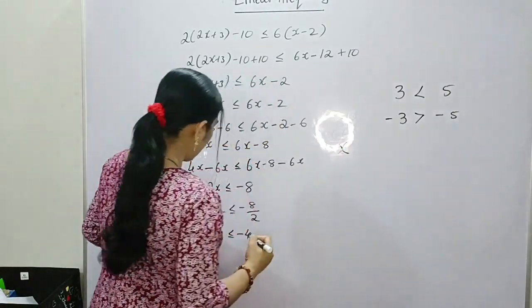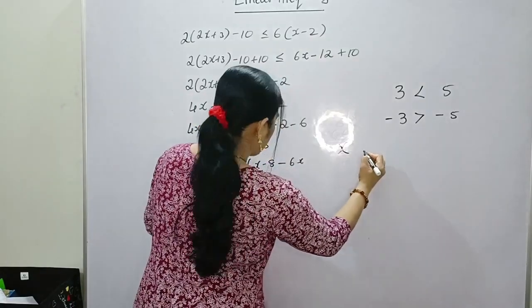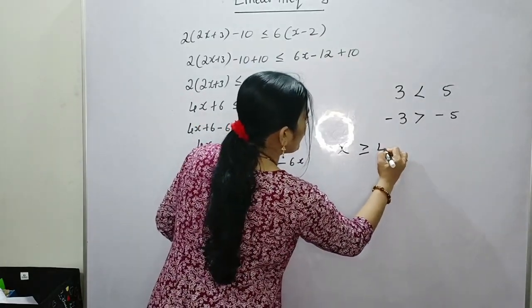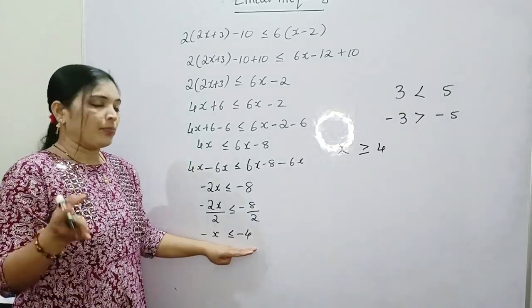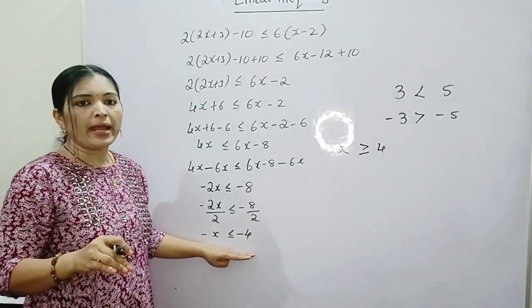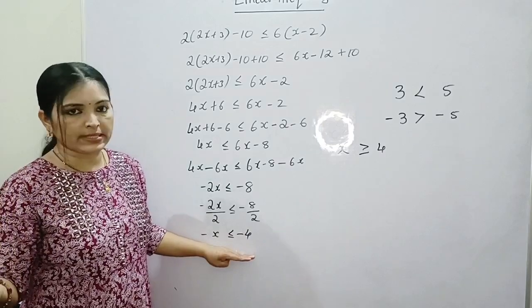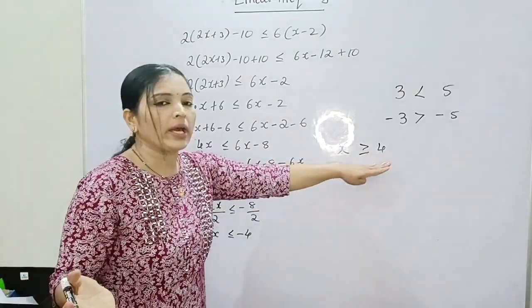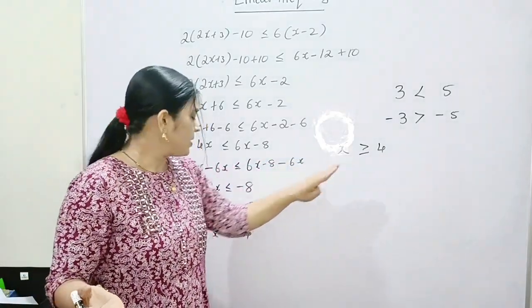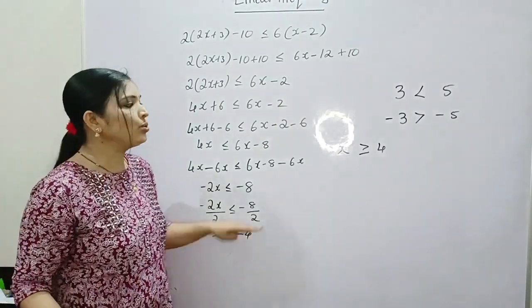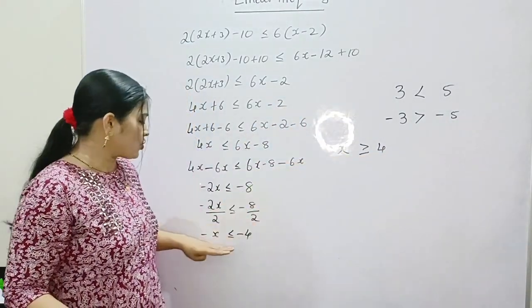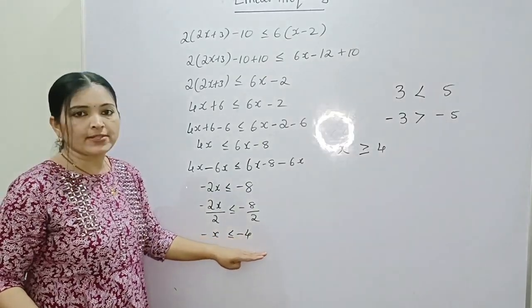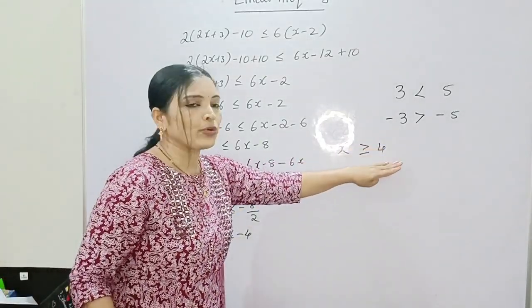We can write it as x greater than or equal to 4. Now minus is cancelled, because we multiplied by minus on both sides and the inequality is changed. Here less than or equal to, now it becomes greater than or equal to. So minus x less than or equal to minus 4, x greater than or equal to 4.